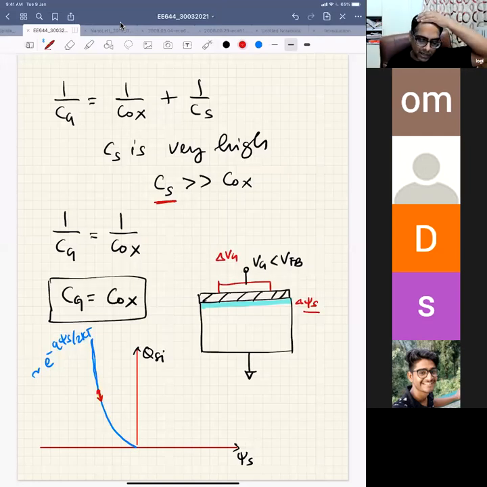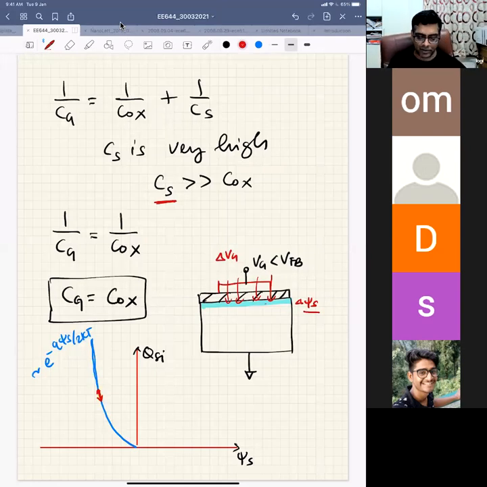You could also think of it in another way. When you're giving some delta Vg, you're also changing the electric field. But the electric field cannot penetrate, because you have an accumulation layer sitting at the surface, and the concentration of this charge is very high. So whatever extra charge you give to the gate goes to the accumulation layer.